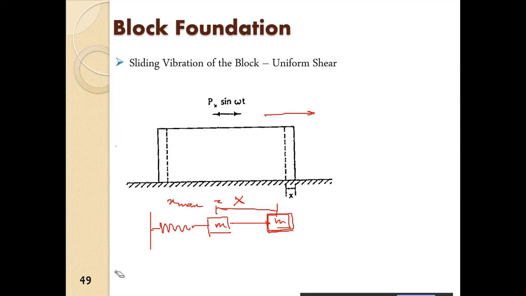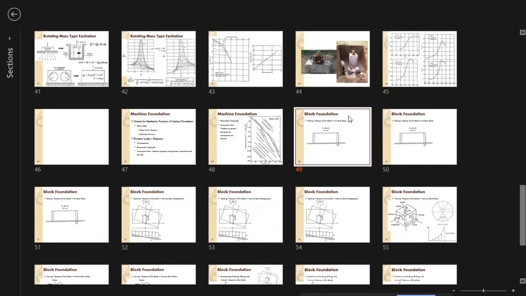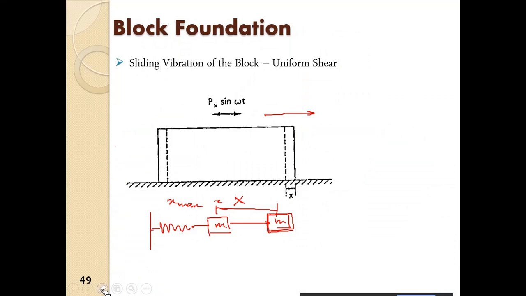So we know F is equal to m into a. So what is F? One is k into x, kx in this direction, that is, k into displacement x.